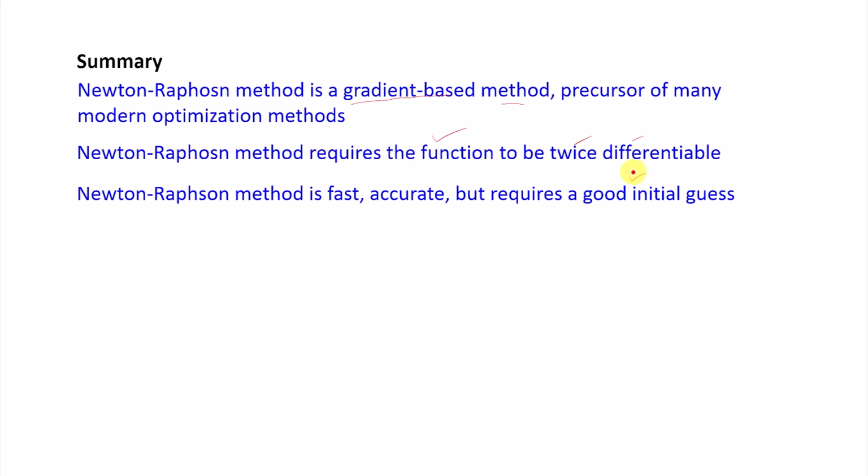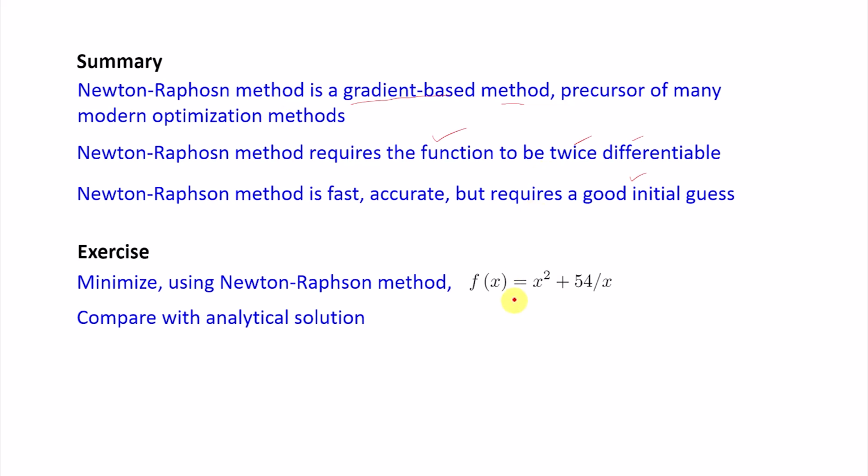Of course, we didn't discuss that too much, but when we go far from this minimum point, then some of the assumptions that we have used, that f prime x at the next step will be 0, may not be a good approximation. That is why if we have a good initial guess, it is actually much better. It will definitely converge then, and if it converges, it will be blazing fast. It will be very accurate.